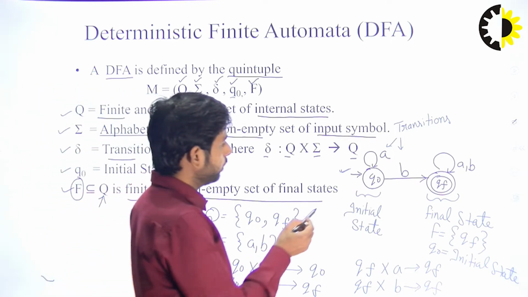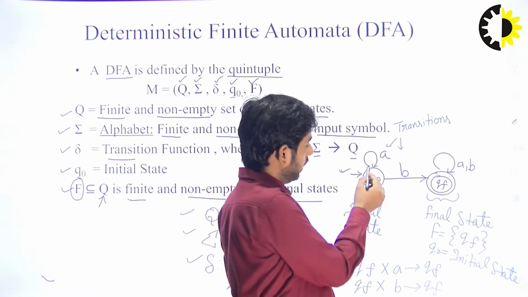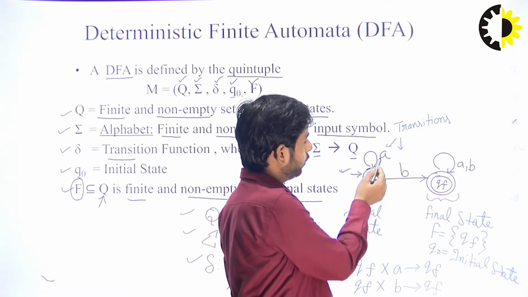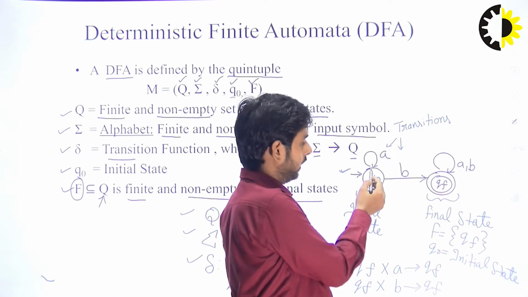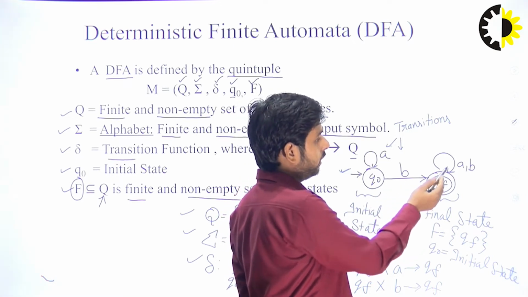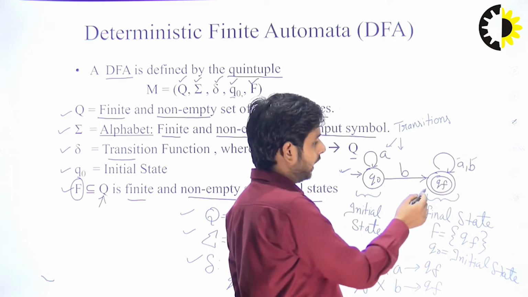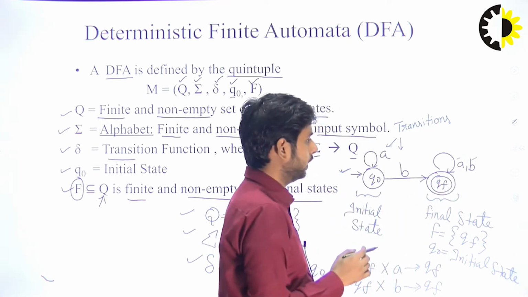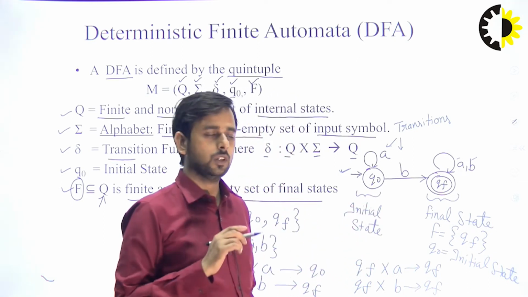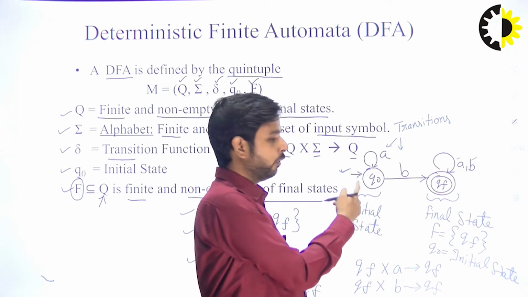See here, for every input on a state, the transition is defined. For input A, the transition is defined, and for input B, the transition is defined. Similarly, on state QF, for input A and input B, the transition is defined. So on every state, for every input, the transition will be defined, and there will be only one transition for one input alphabet.